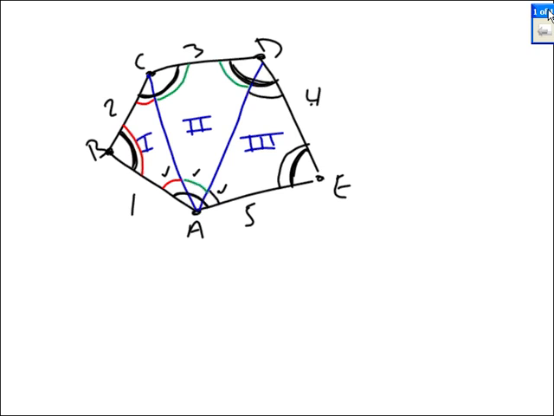I added up all the angles, and of course, it's going to be 3 times 180. Why, of course? Because with 3 triangles, the angles add up to 540 degrees. This was 5 sides. You had 3 times 180.